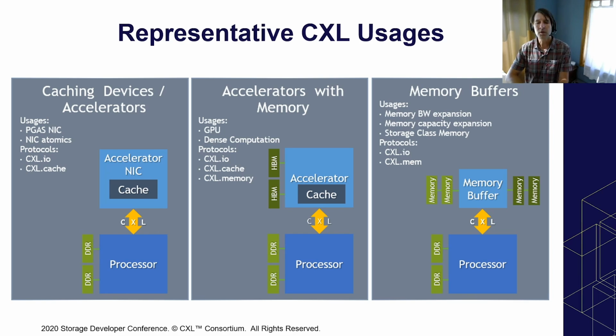The use model for this may be an accelerator or NIC-type accelerator that wants a PGAS ordering model, where it needs to know when writes are visible in the host. CXL.cache gives you direct visibility to when data is visible, through the coherence protocol or through streaming writes.